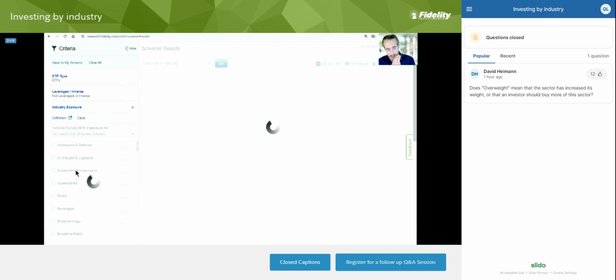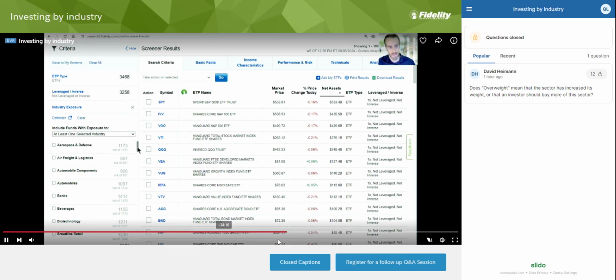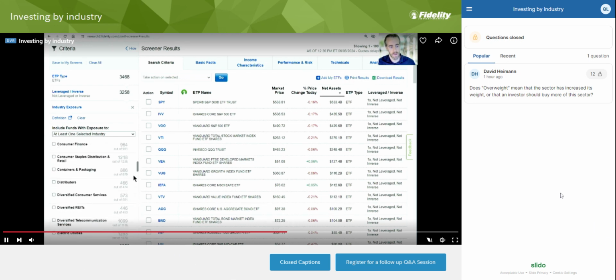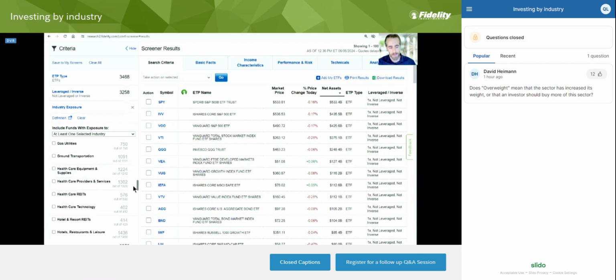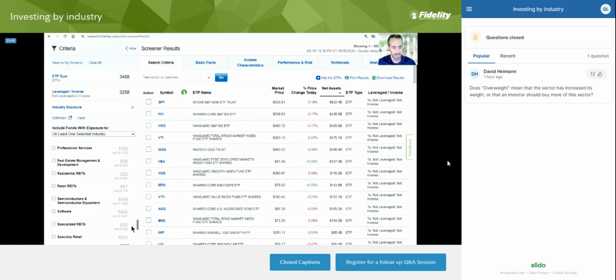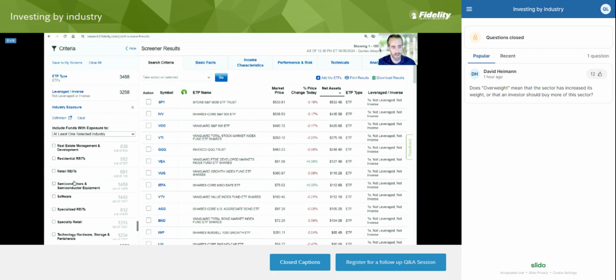So if you've already made a forecast or found some industry you're looking to speculate on or invest in, we've got the list of these industries down below. Now, we can keep the same theme going, the semiconductor industry. Here we are, semiconductors and semiconductor equipment.